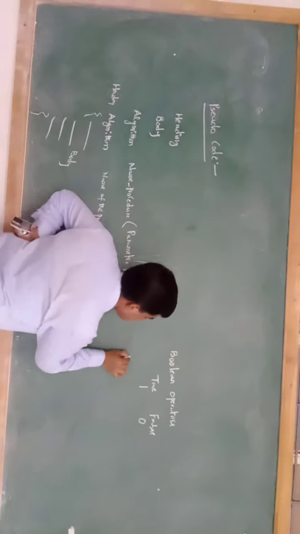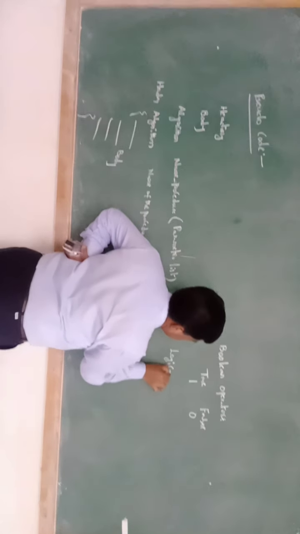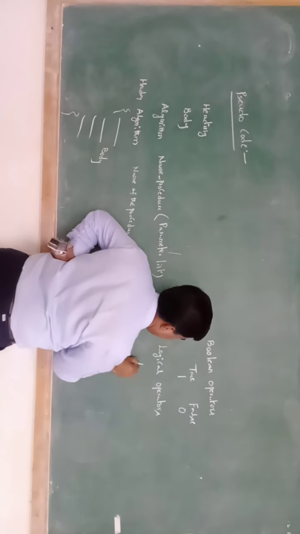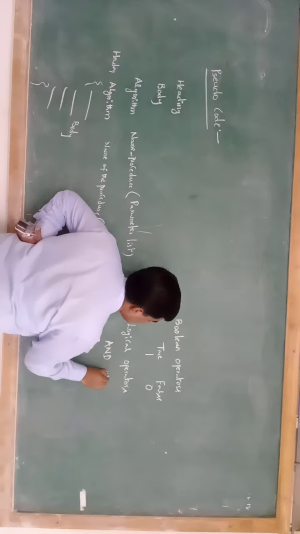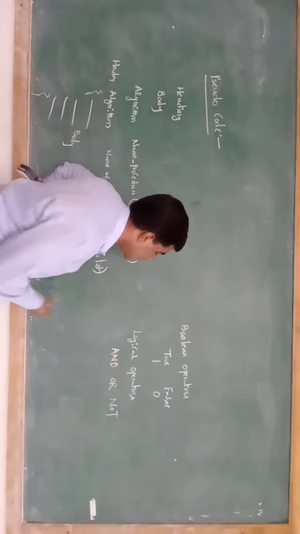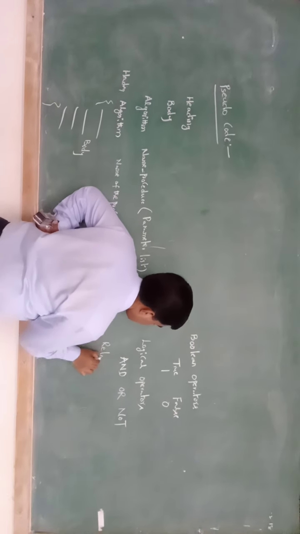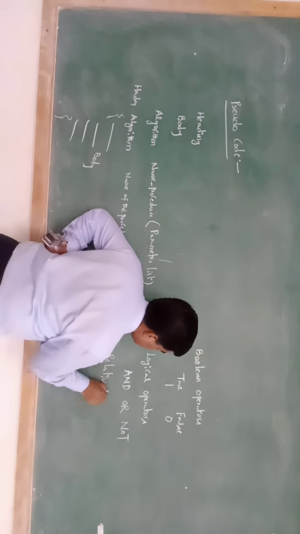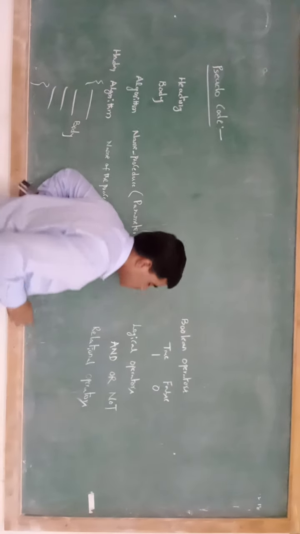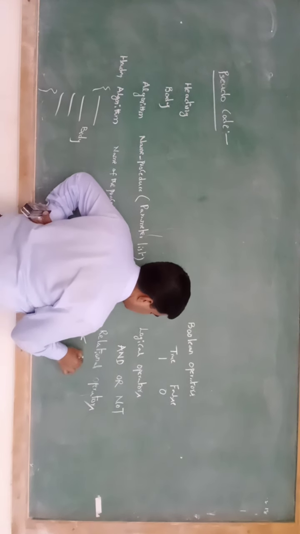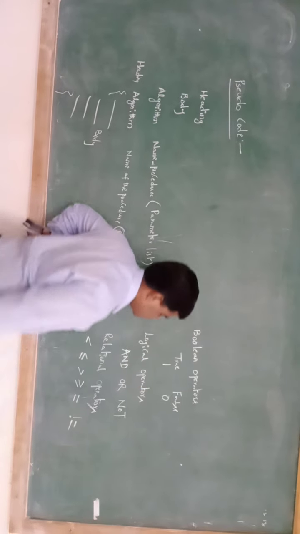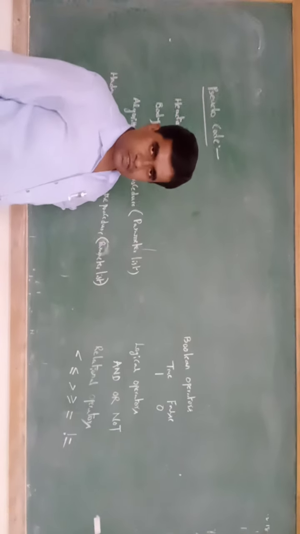And logical operators: and, or, not. And relational operators: less than or equal to, greater than or equal to, and not equal to also. All these relational operators we also use.